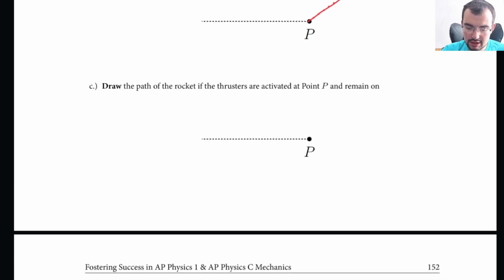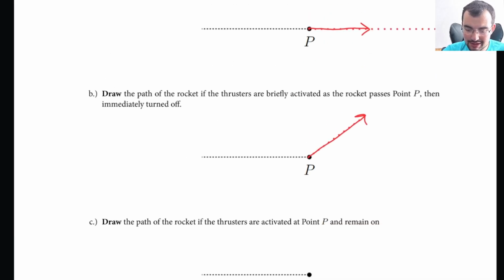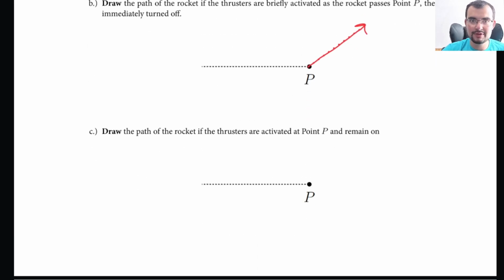Now, what if we turn on the thrusters and keep the thrusters on? So, how is that different? Well, instead of giving it just a single push, we keep pushing it up and up and up. So, yes, it's going to maintain that horizontal speed or velocity, but it's getting more and more vertical speed.